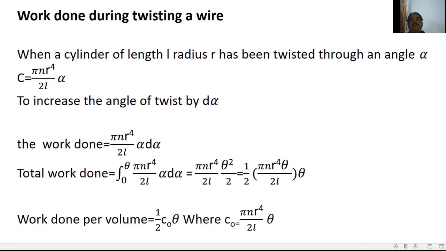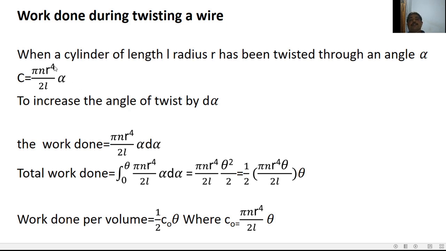Next, work done during twisting a wire. When a cylinder of length L, radius r has been twisted through an angle alpha, then we know that the twisting couple on the cylinder is given by C is equal to pi eta r to the power 4 by 2L into alpha.